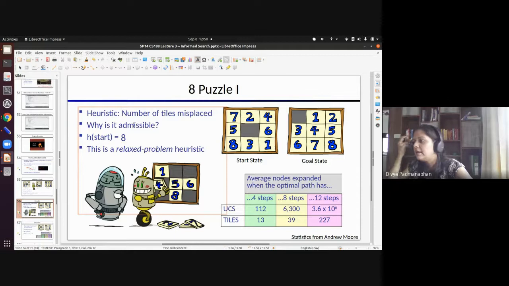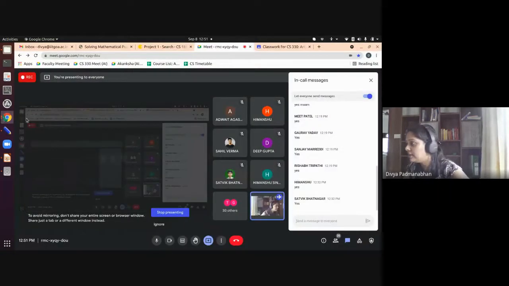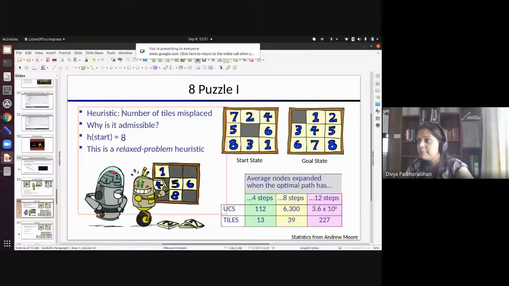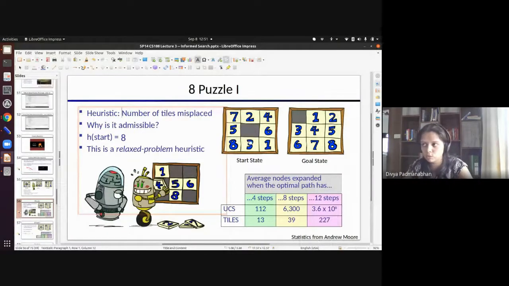I hope this heuristic is clear to you. So this is one possibility. Let me know if there are any questions on the heuristic. I'll take about 2-3 minutes more before we wind up. So one possible heuristic is just how many tiles are misplaced compared to the goal state.